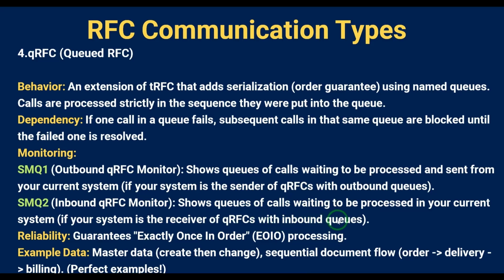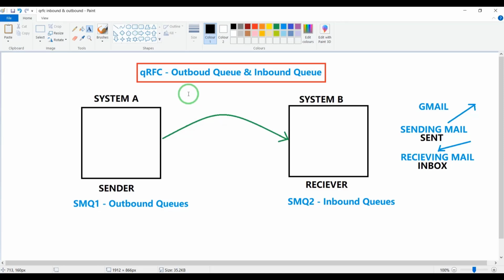And reliability guarantees exactly once in order. It is an example of EOIO processing setup. So whenever we are sending the data, like master data creates and changes, and subsequent document flow like order, delivery, billing, so these many things. So this is about queued RFC.